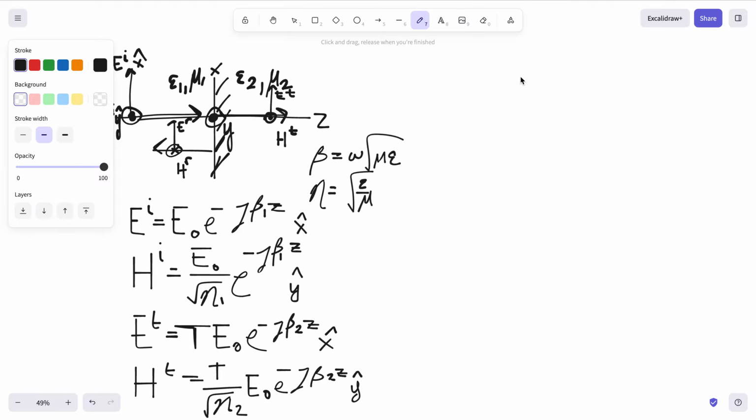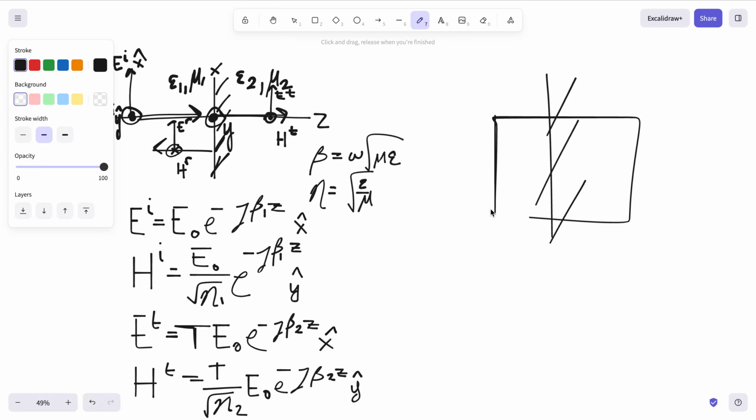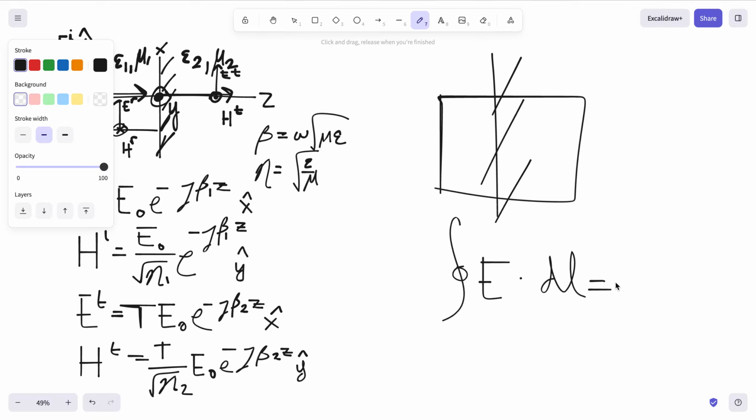So using Faraday's law, we can say that the closed integral of E dot dl is equal to minus partial B over partial t.